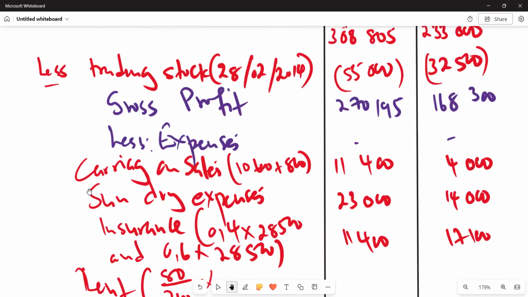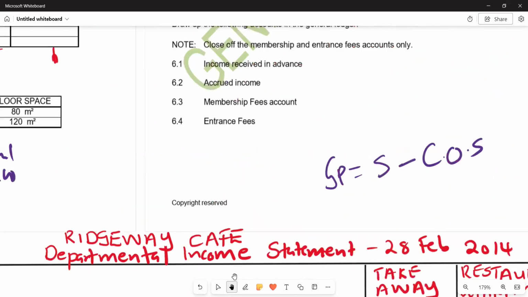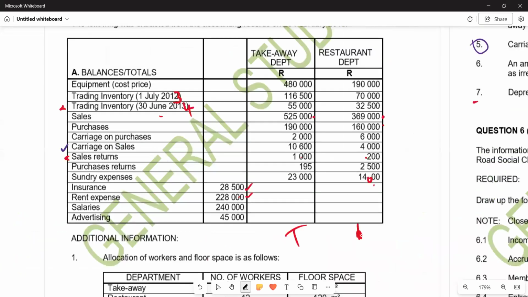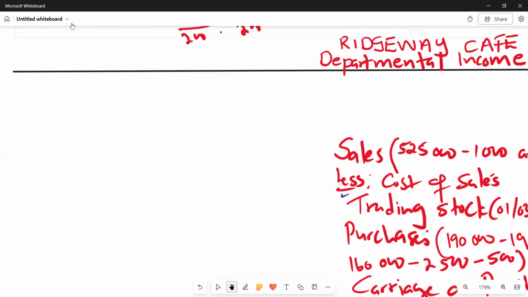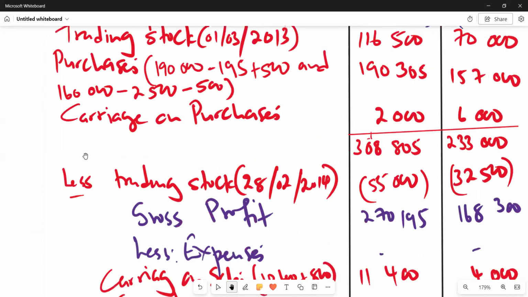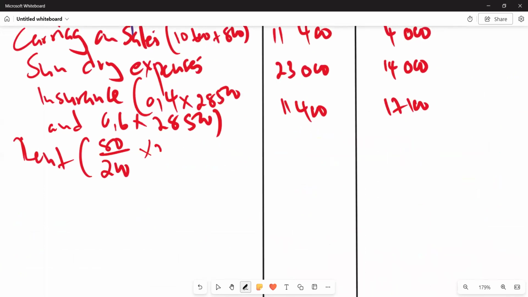We can just maybe try to recheck the amount. So we are here, we are saying 228,000. Obviously, it's going to be over 1.